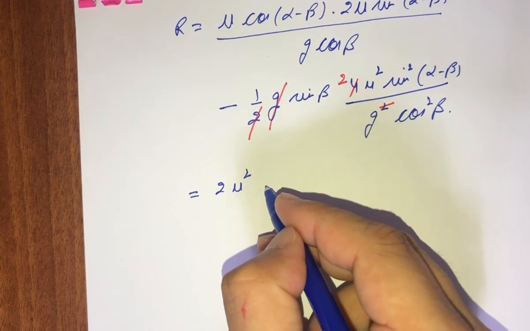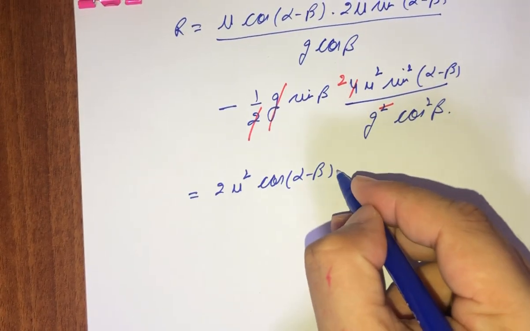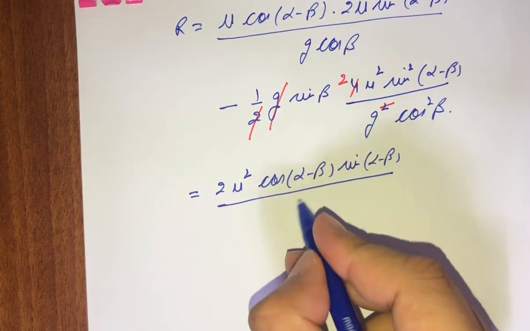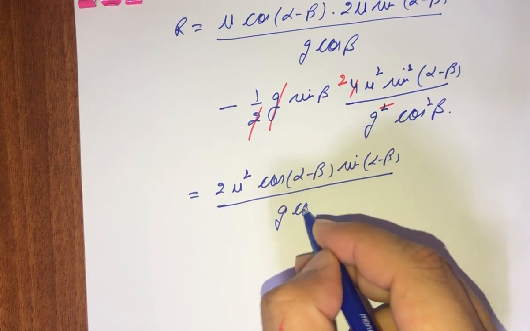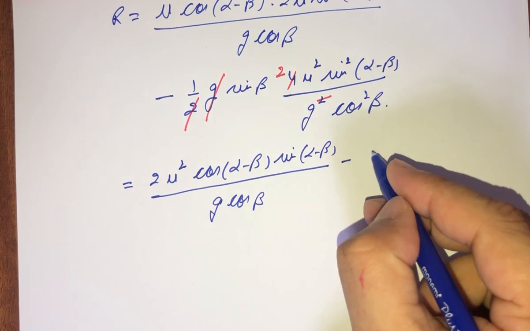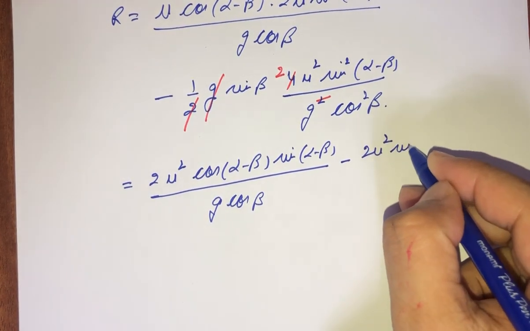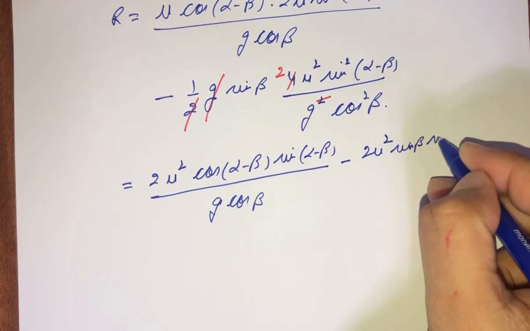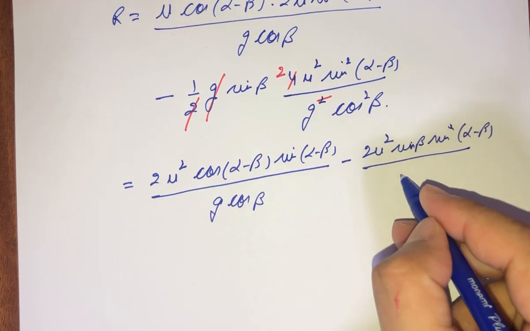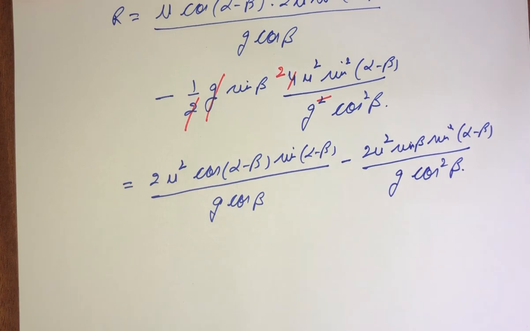this will be equal to 2u square cos of alpha minus beta sine of alpha minus beta divided by g cos of beta minus 2u square sine beta sine square alpha minus beta divided by g cos square beta.